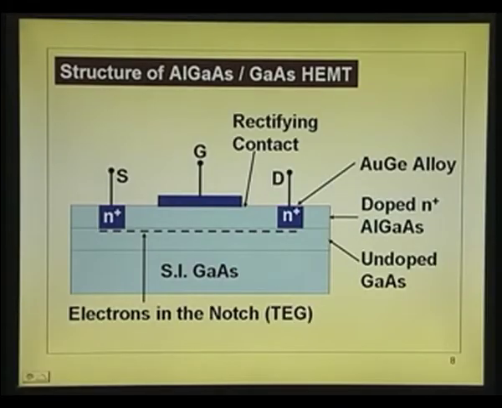So, to make a high electron mobility transistor, you create a notch by using the two-dimensional electron gas structure, and put an N plus contact which will serve as a source, in connection with this particular electron gas.